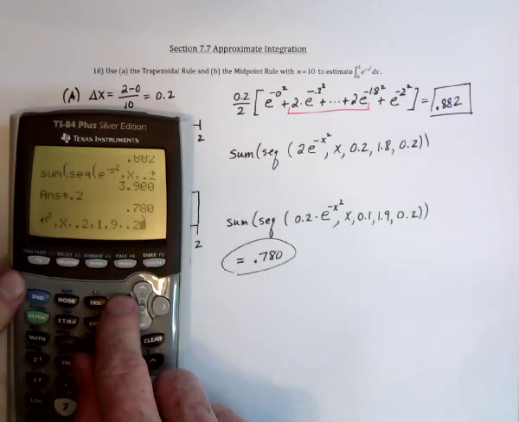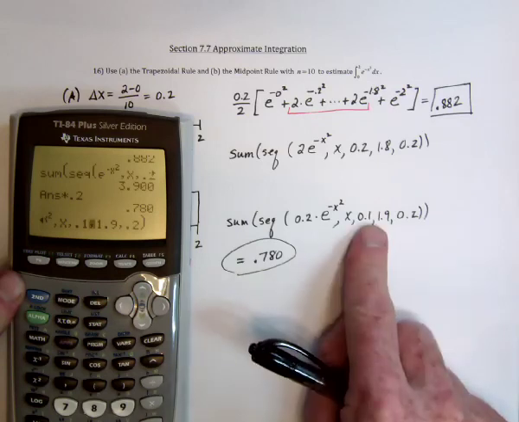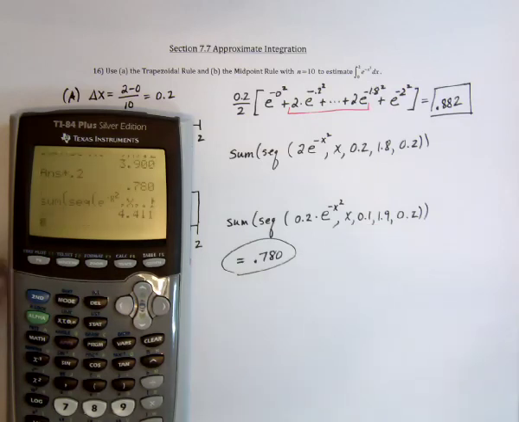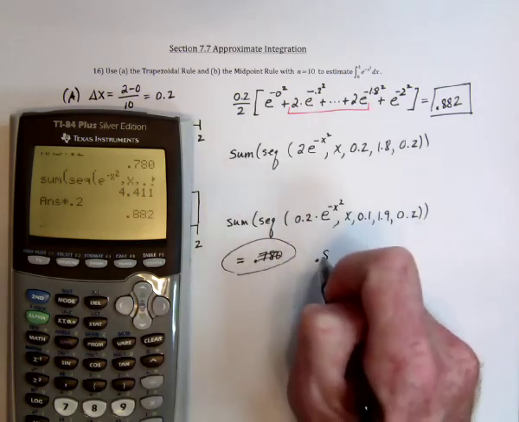Sum sequence. Aha! Glad I double checked that. It goes from 0.1 to 1.9. Okay, now multiply by the 0.2 that I had forgotten to type in. There it is, 0.882.